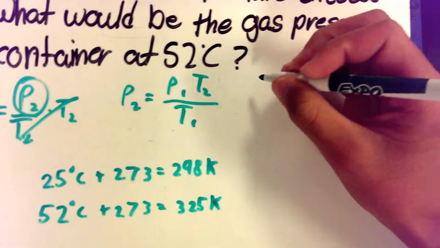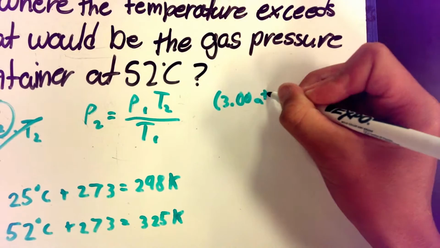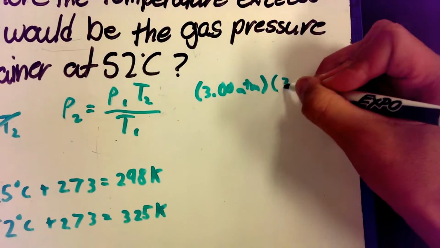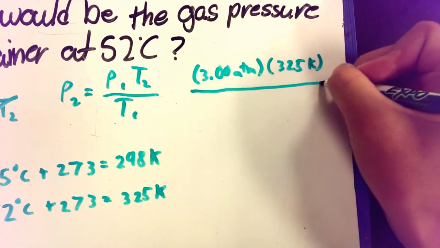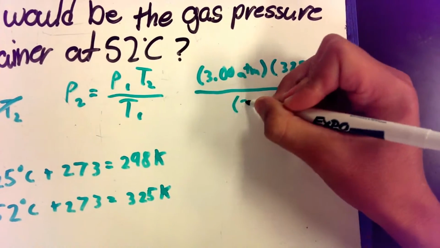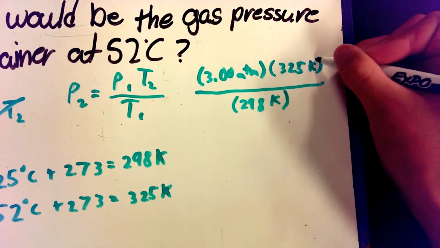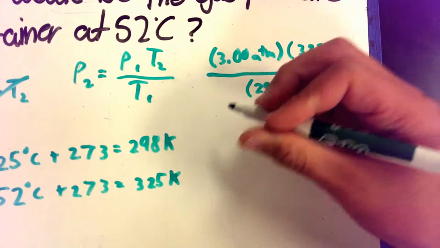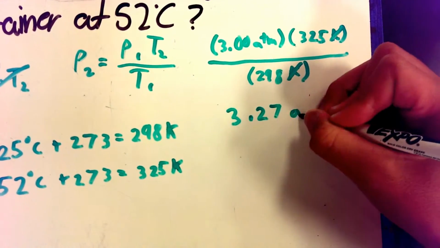So then you plug it all in. And these cancel out. And when you multiply and divide it all, the answer comes out to 3.27 atm.